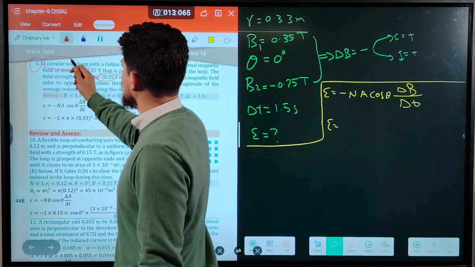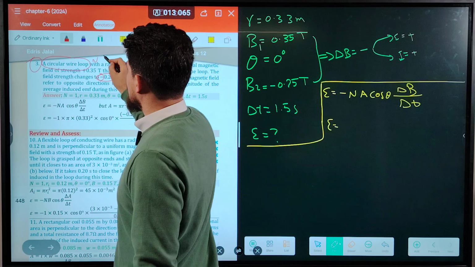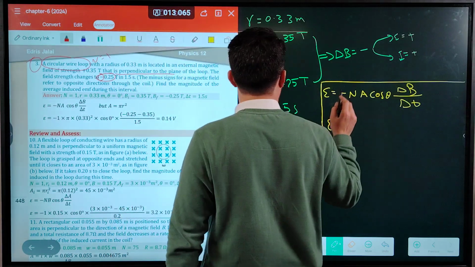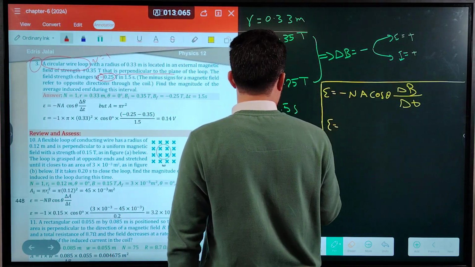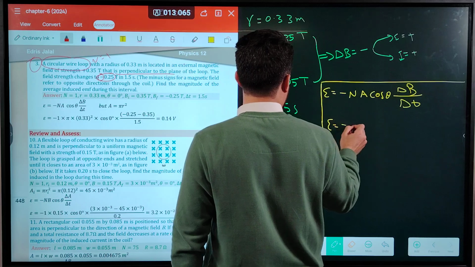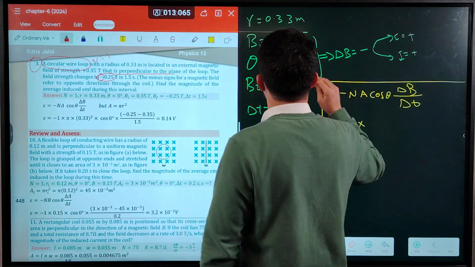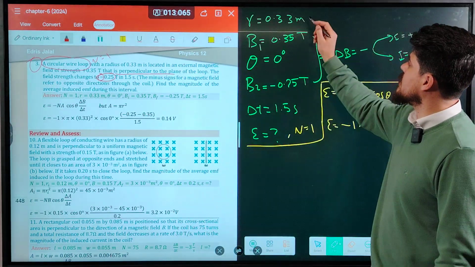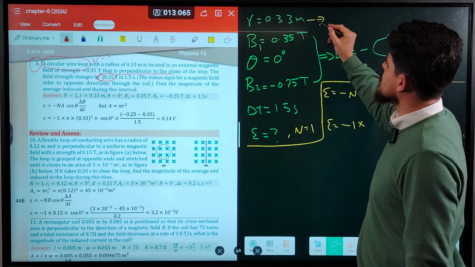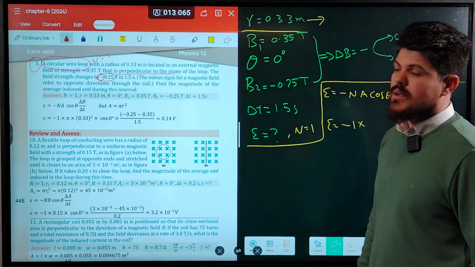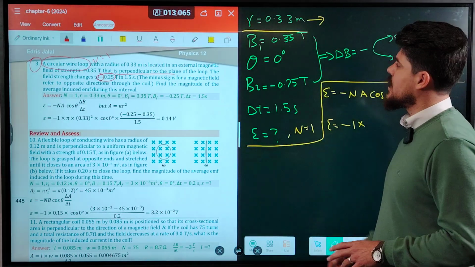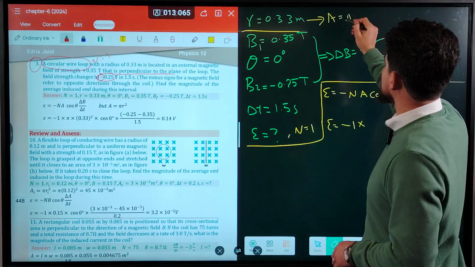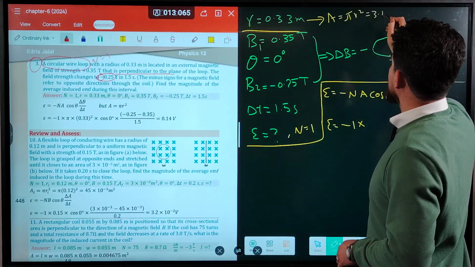The circular wire loop means a single loop, so number of turns is 1. Negative 1 times area. Guys, we don't have area, but instead of area, we have what? Radius. Whenever radius is given, you have to convert to area. How? By using this relation, pi r squared.